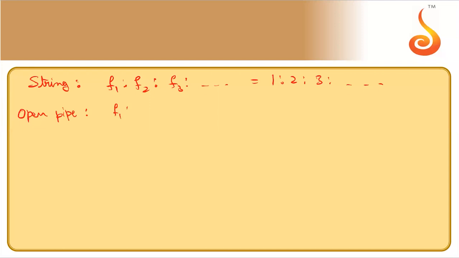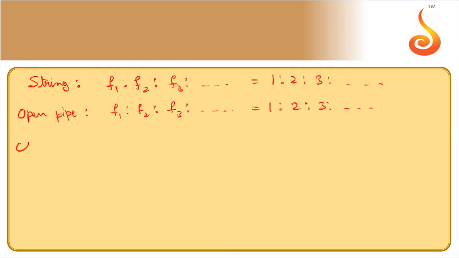See, in case of string, frequencies are in the ratio f1, f2, f3, so on, then the ratio 1:2:3, so on. In case of open pipe, one is to 2 is to 3 is to, so on.